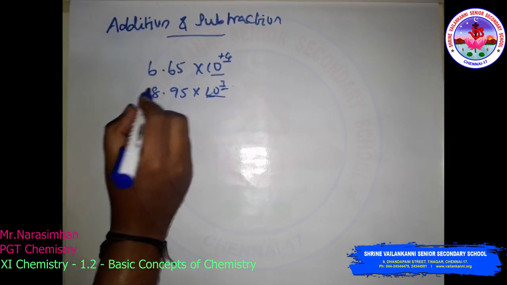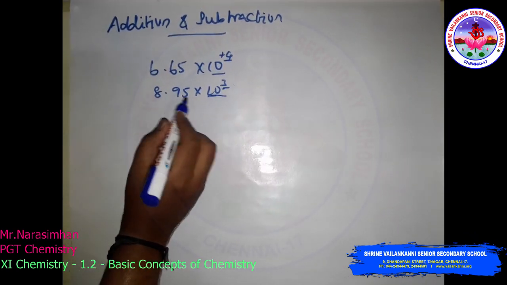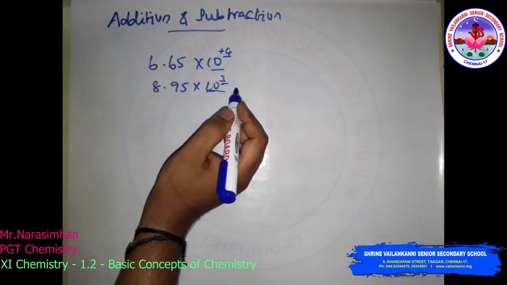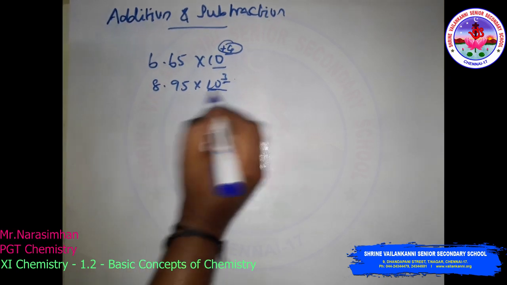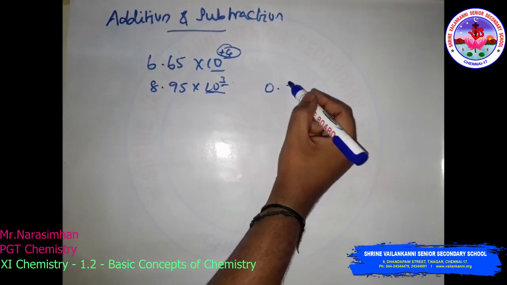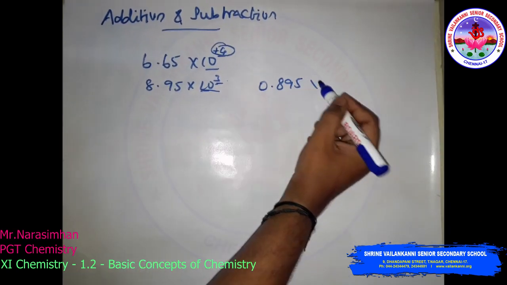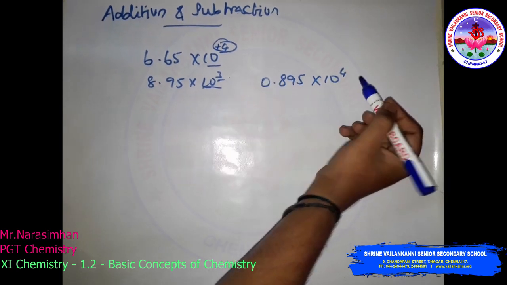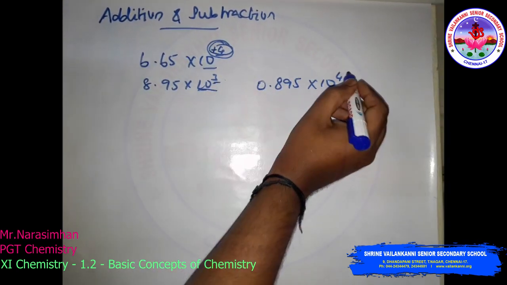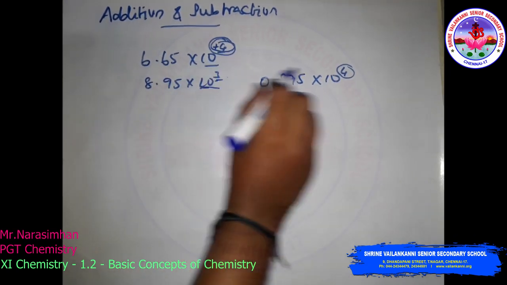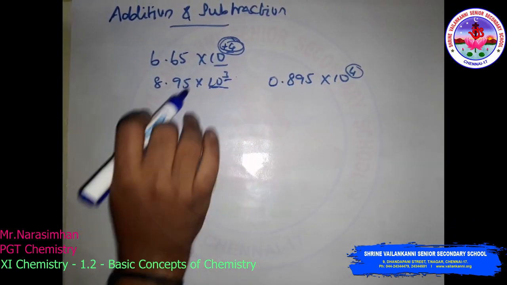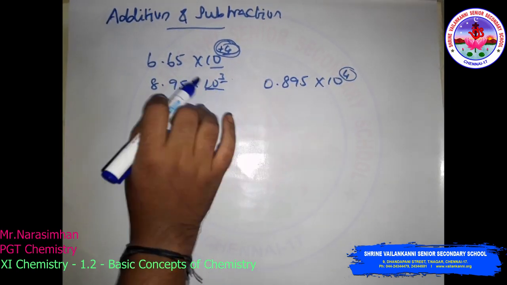So you have to convert 8.95 by changing the exponent value, so it will become 0.895 with exponent 10 power 4. Now this also is 10 power 4 and this also is 10 power 4. Changing the exponent means using the same exponent for both values.